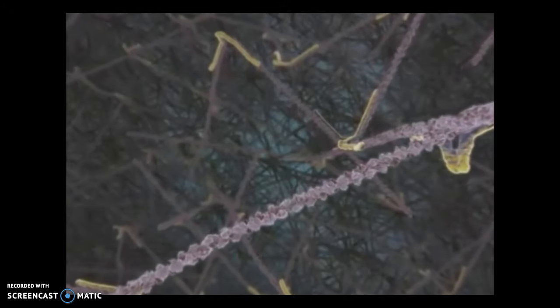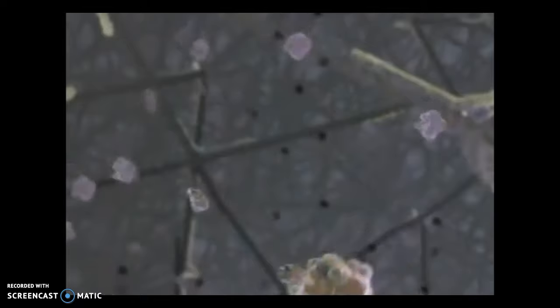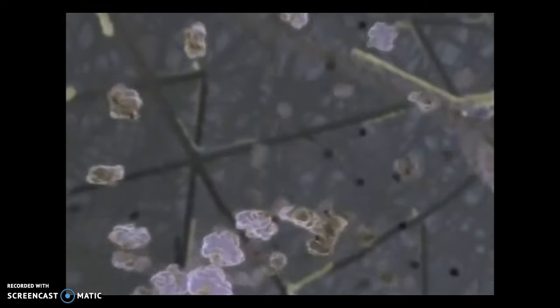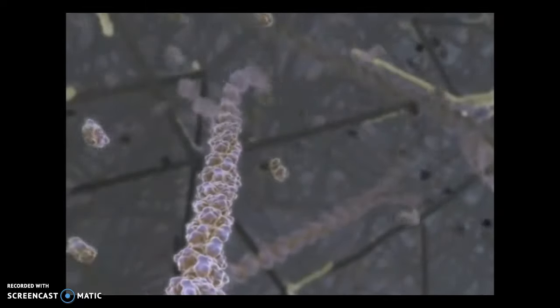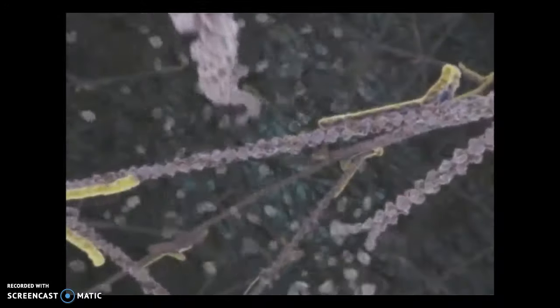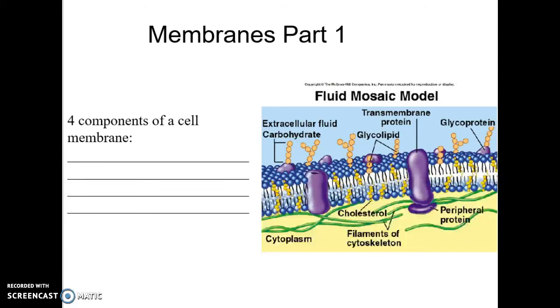All these actin filaments we're looking at here are part of the cytoskeleton, what we talked about back in chapter 4. Those all play a role in the structure and function of the cell membrane. So let's take a look at the membrane in a little more detail and figure out the basic features behind the cell membrane.